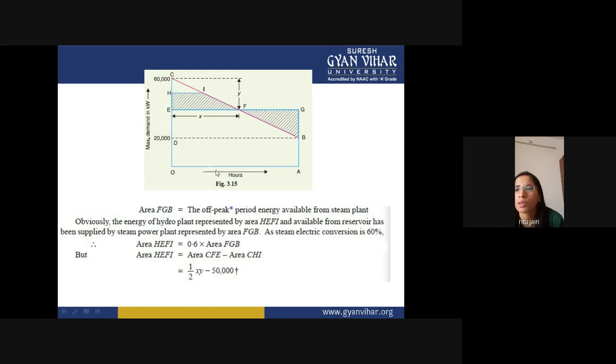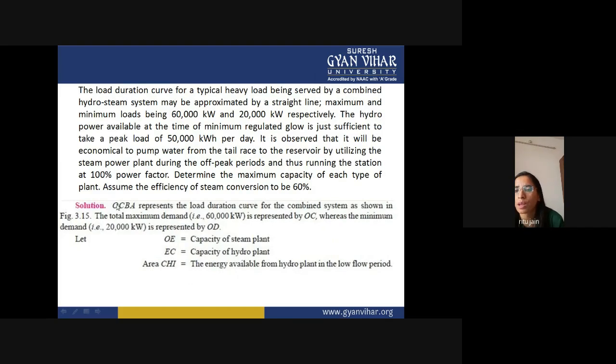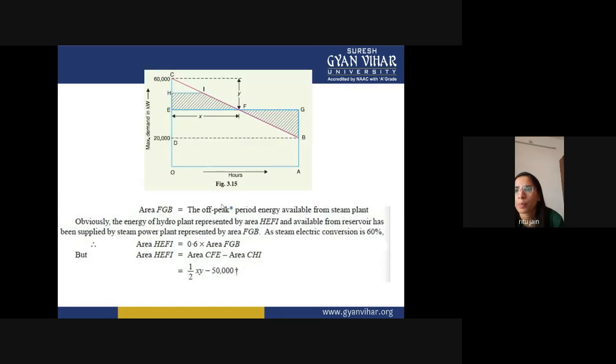And the graph is given over here. So this is your minimum demand, which is your 20,000, and this is your maximum demand, which is your 60,000. So the slope is BC. Now you can see that OCBA represents the load duration curve for the combined system, from ascending order to descending order.